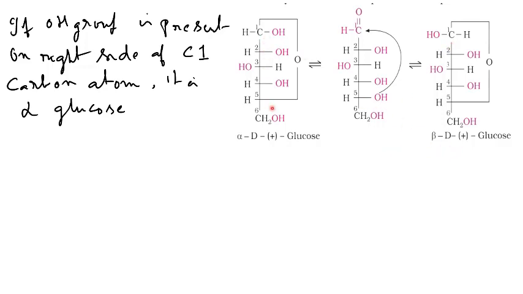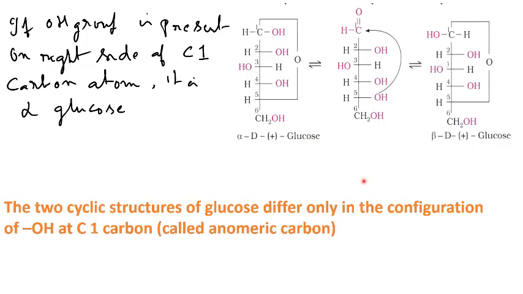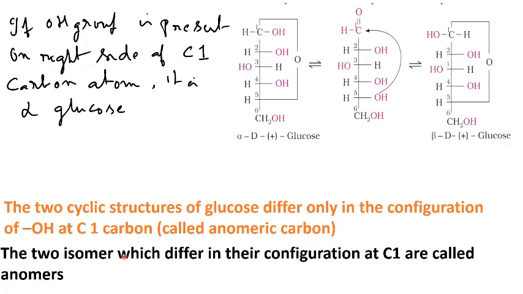Now these two isomers differ in the configuration of C1 carbon. So the two cyclic structures or hemiacetal structures of glucose differ only in the configuration of the OH group at C1 carbon, and such a carbon is known as anomeric carbon. Therefore, two such isomers which differ in their configuration at C1 are called anomers.